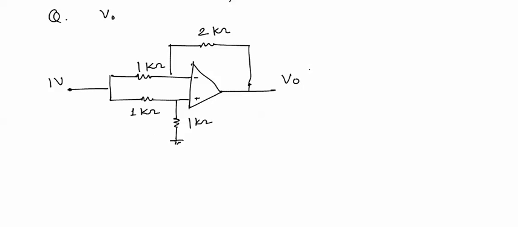Now this circuit can be simplified as this 1 volt source will be at both the input terminals.